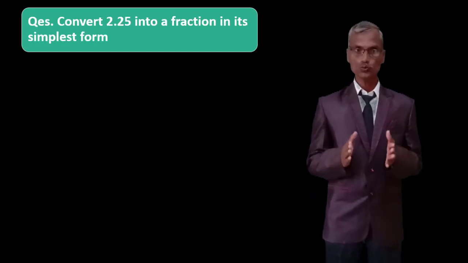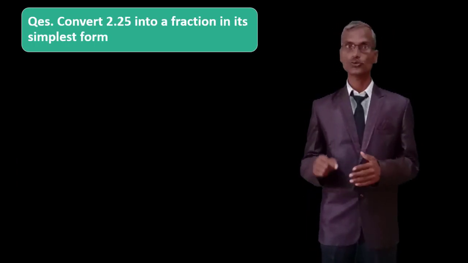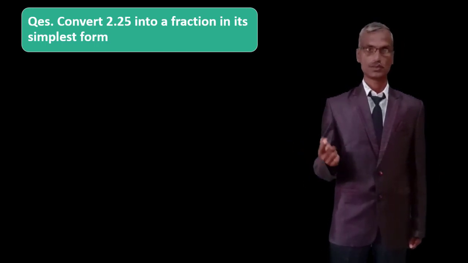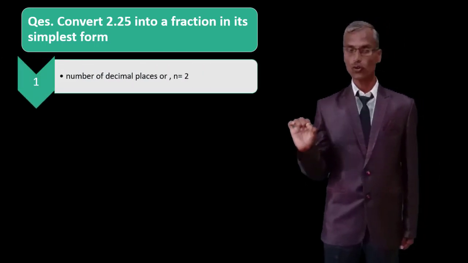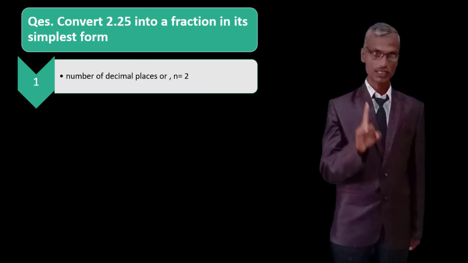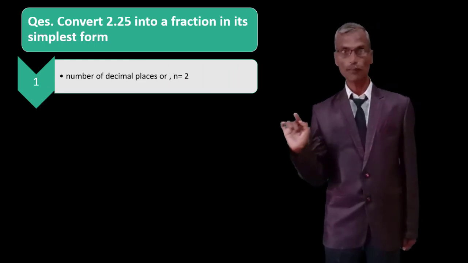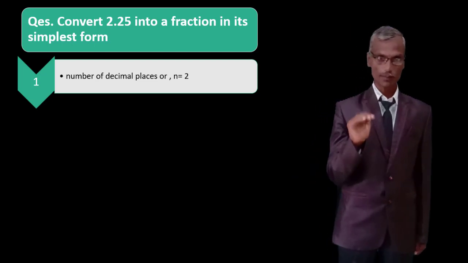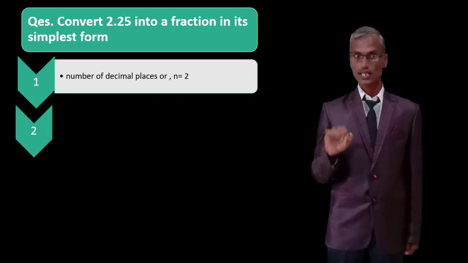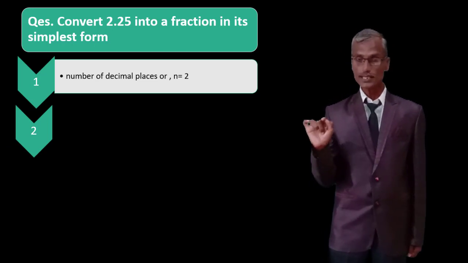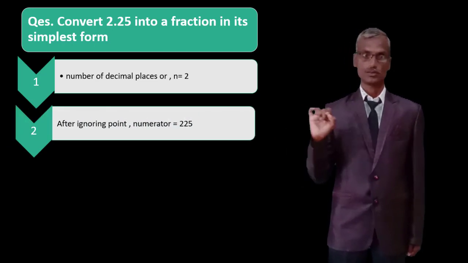Convert 2.25 into a fraction in its simplest form. We follow the following steps. First step, we count the number of decimal places. Since the number of decimal places is equal to 2, n is equal to 2.